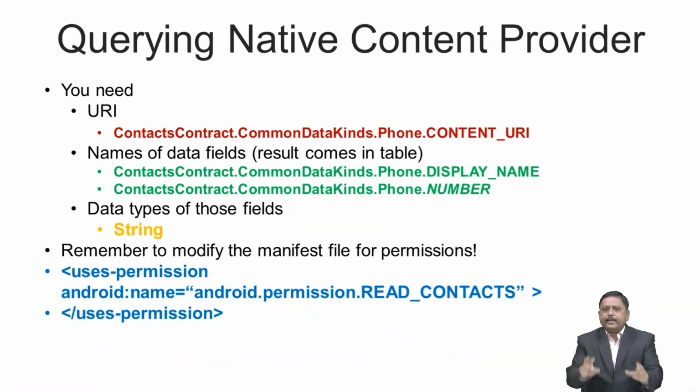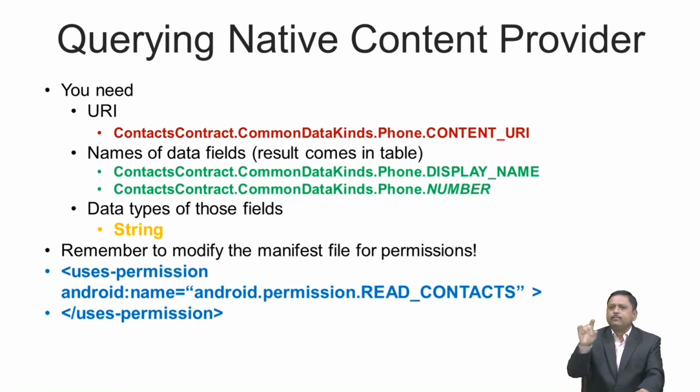The second thing you require is the names of the data fields. In a SQLite database, data is stored in tables. Similarly, a content provider also stores its information in the form of tables. So, you should know the names of those columns or fields. Here we want to fetch two pieces of information. First is the name of the contact and second the phone number.